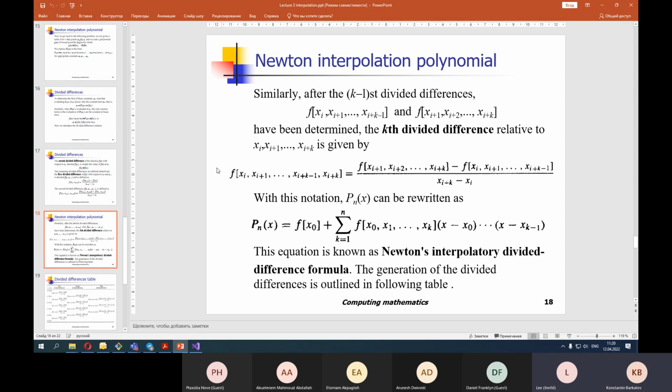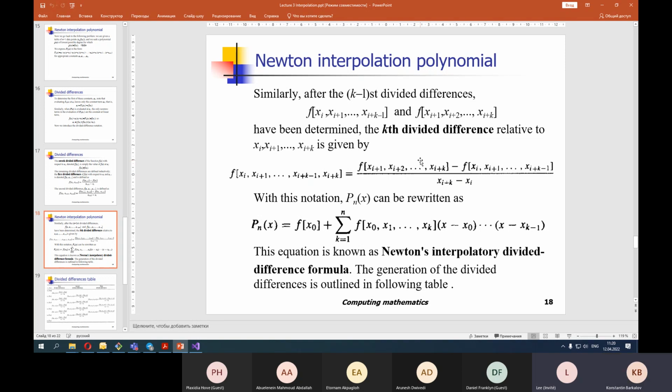In such a way, we can introduce the divided difference of degree k, the kth divided difference. This is the formula of the divided difference of degree k.